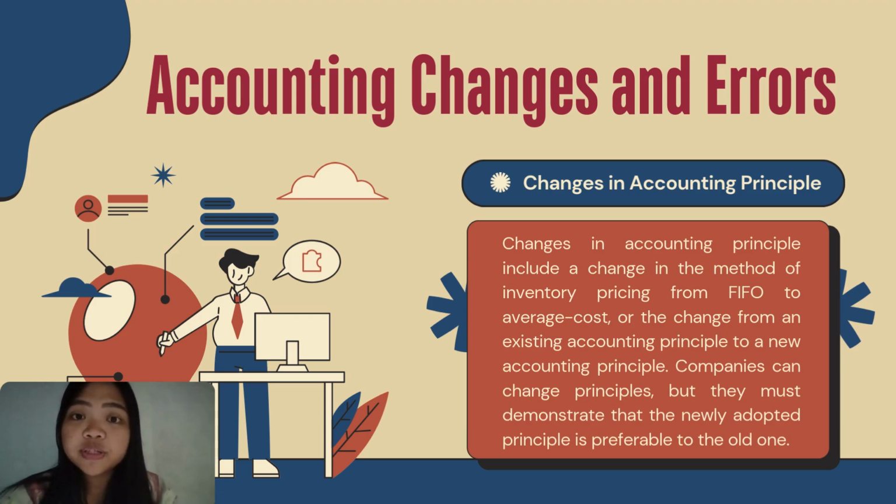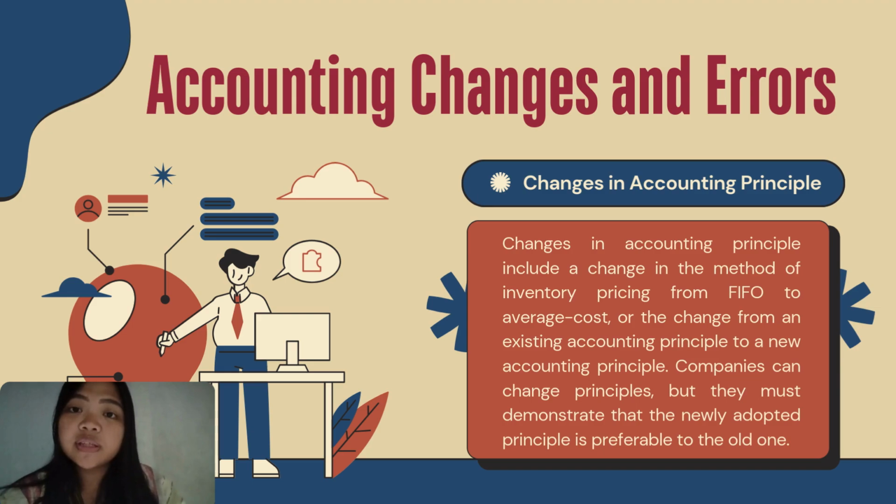Changes in accounting principle include a change in method of inventory pricing from FIFO to average cost, or a change from an existing accounting principle to a new accounting principle. Companies can change principles, but they must demonstrate that the newly adopted principle is preferable to the old one.